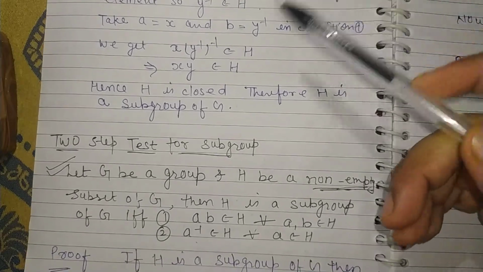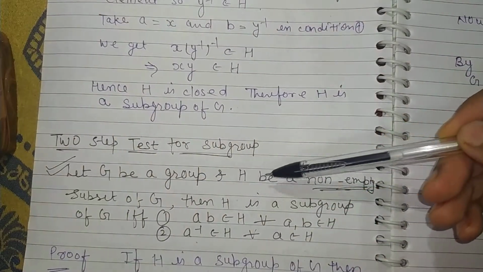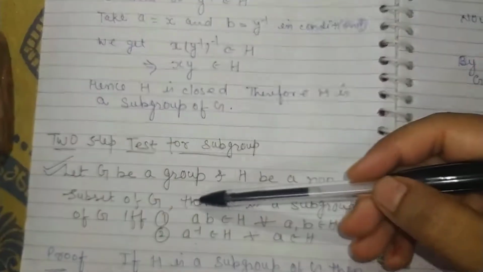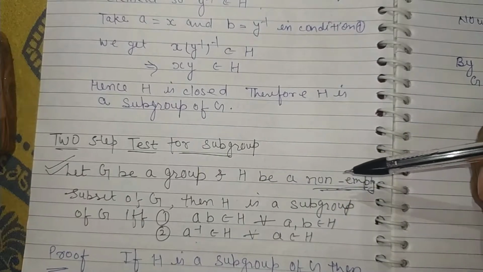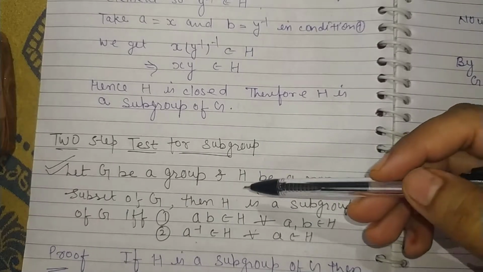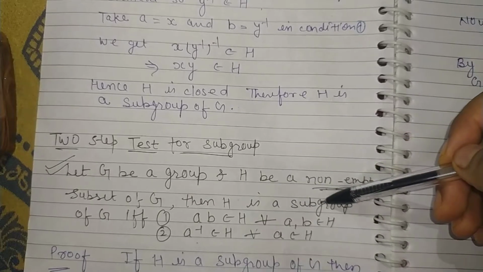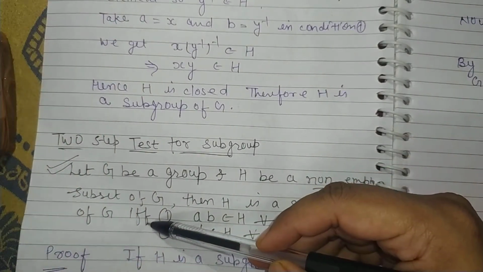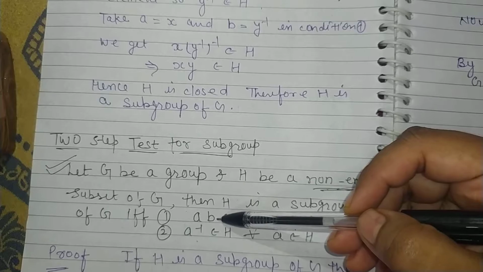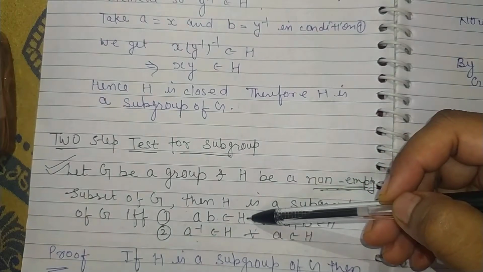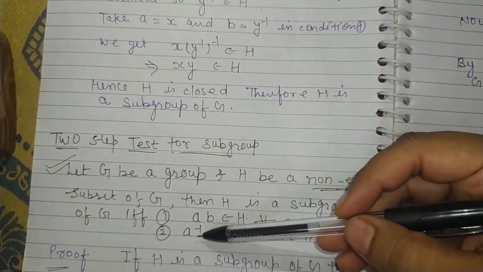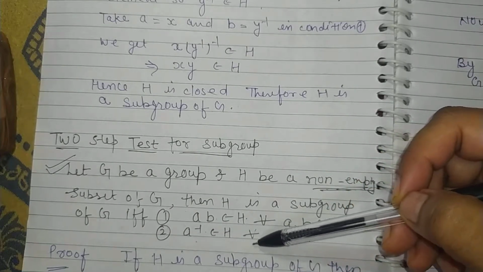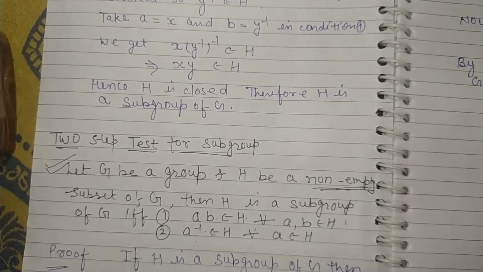The statement is: let G be a group and H be a non-empty subset of G. We always take a non-empty subset. Then H is a subgroup if and only if the conditions are: AB, that is the closure property, holds in H for all elements A, B belonging to H, and the second is inverse belongs to H for all A belongs to H.